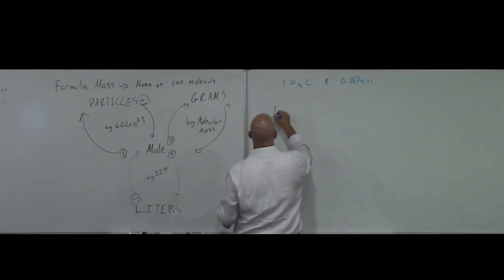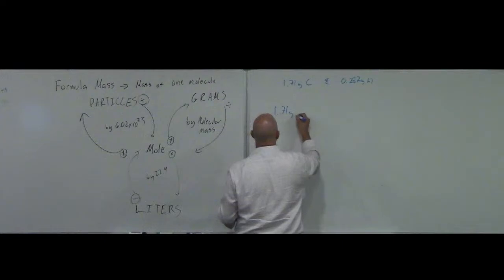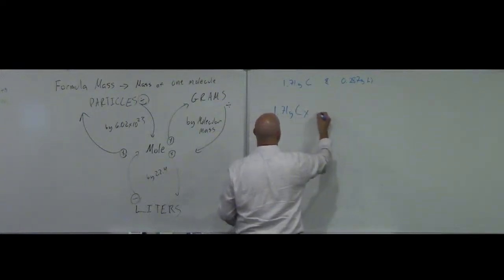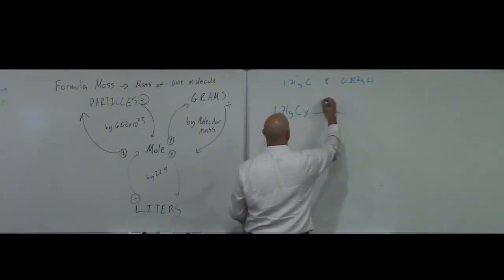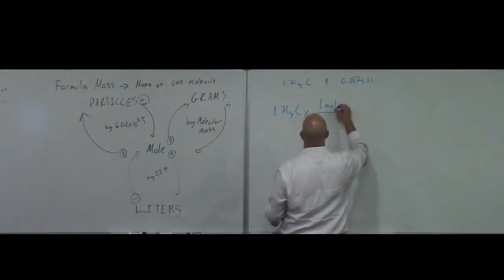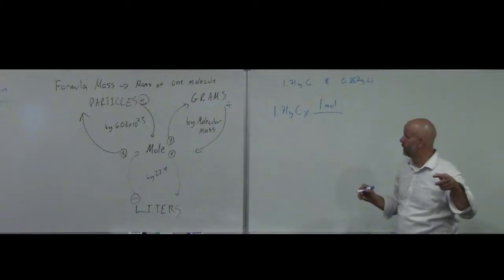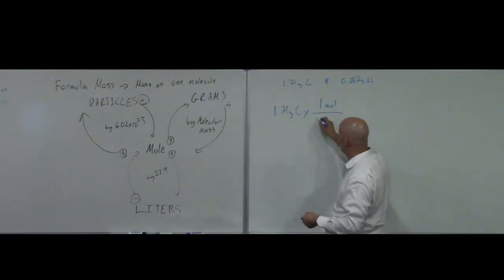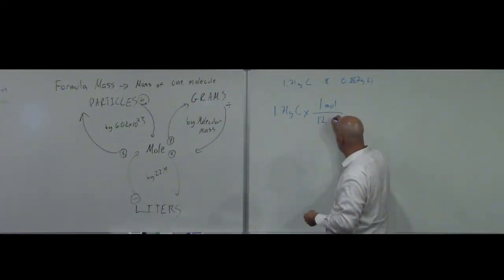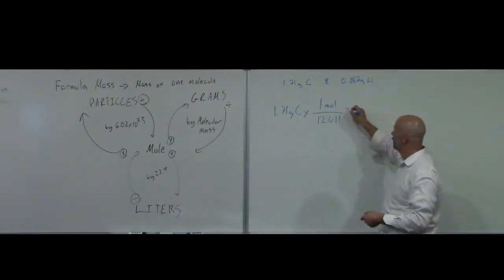So 1.71 grams of carbon times how much per mole? Give it to me. Should be like 12 point something, right? 12.011. It's 12.011. Okay, so let's do that math.